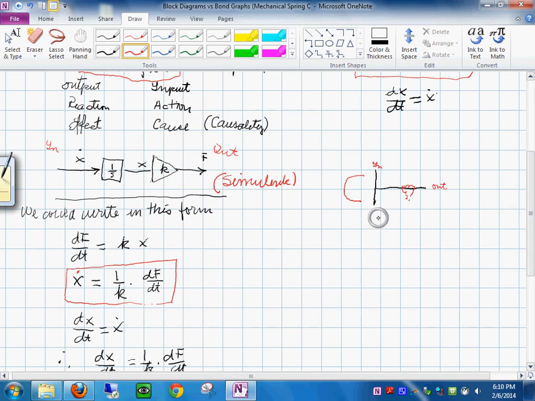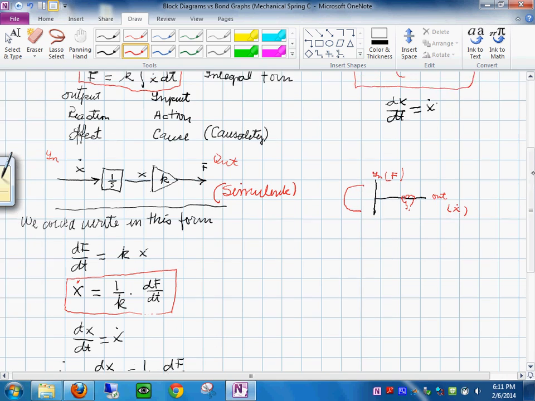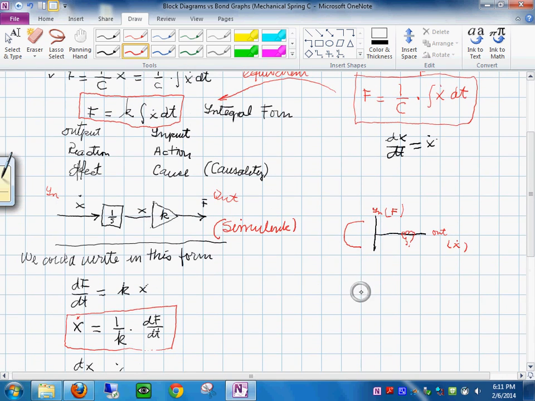But the input here is really the variable, the force F, and the output is x dot. What this means is that this symbol represents the derivative form of the differential equation, because we put it in from here and take the derivative of both sides so that we can find this form.